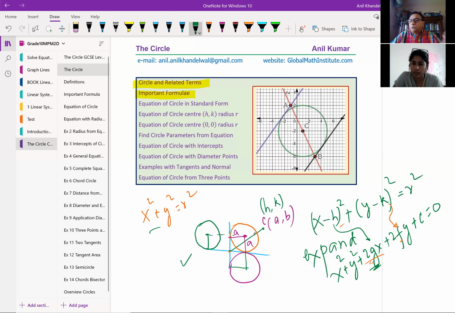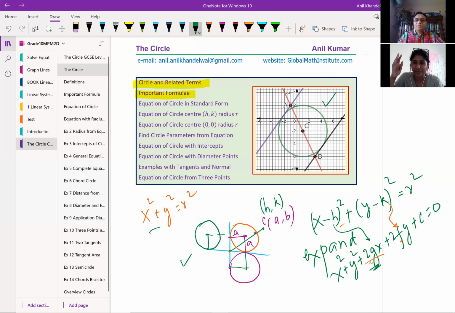We are going to look into the circle in so many different ways, where it is placed: whether it is placed with the center at the origin, with the center on the axis, on the line y equals x or y equals minus x, whether it is tangent to a particular line, or between two lines somewhere, like I've shown here in the figure itself. Those are the types of questions which we are going to look into. So I hope that gives you a fairly good idea about what we are going to learn today, right?